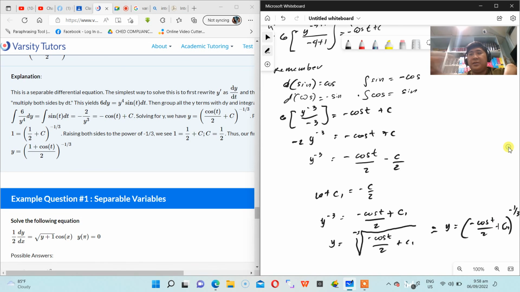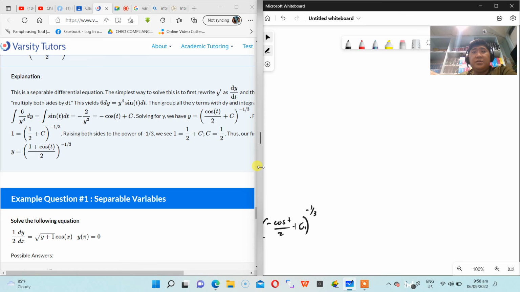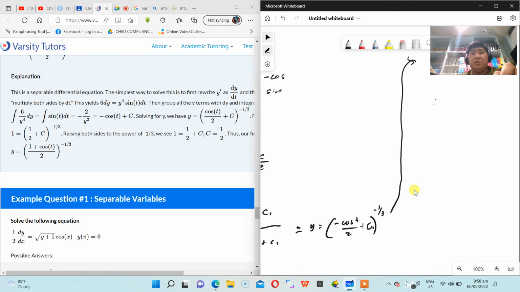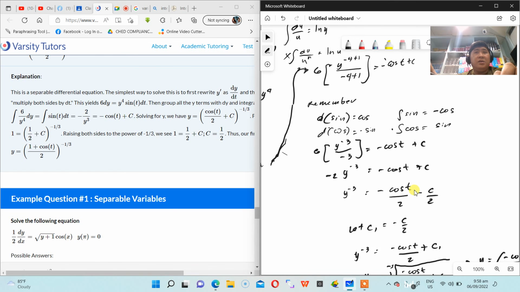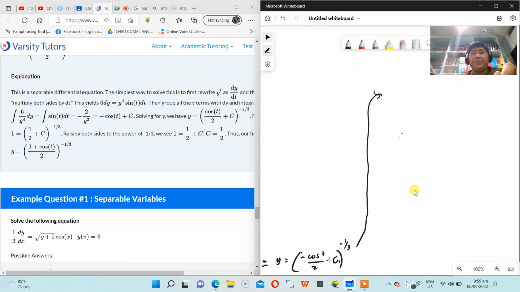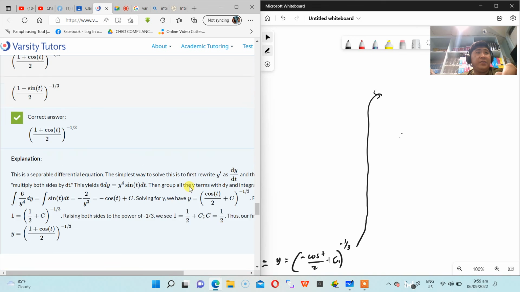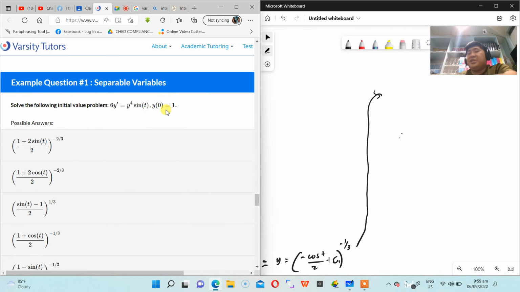Now, remember that our given equation has the initial value problem y of 0 equals 1. Therefore, y equals 1 when t equals 0.